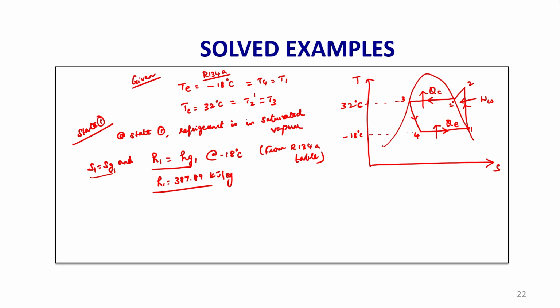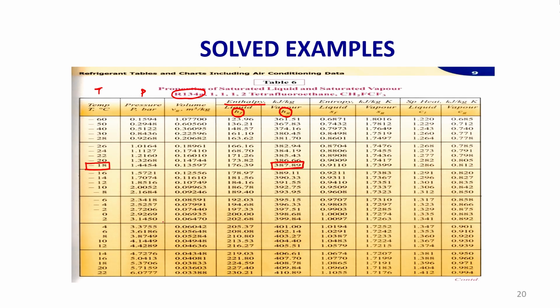From the same table, S1 is equal to Sg1, this is Sg, and this is Sf. Corresponding to minus 18, I have taken two values, one is the Hg value and one is the Sg value, because there are multiple state points 1, 2, 3, 4. If we write Hg, Sg, it will be confusing because there are different pressures and temperatures.